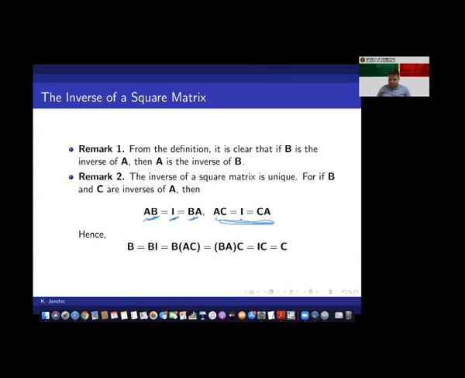So is B the same as C? Meaning if B and C are the same, then the inverse of A is unique.